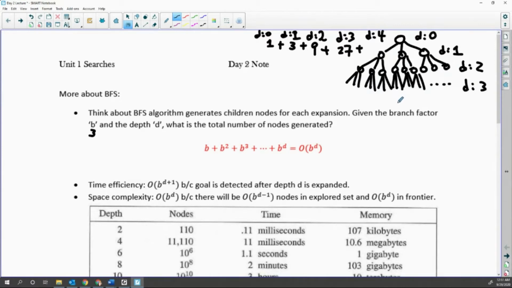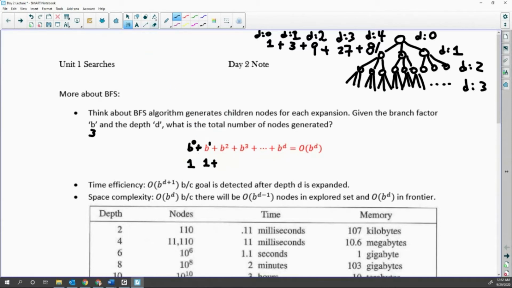How about in depth 4? Now I'm going to have 3 to the 4th, 81 nodes. So I can see b to the 0th power at depth 0, then whenever I add more depths, b to the 1st power, b to the 2nd power.